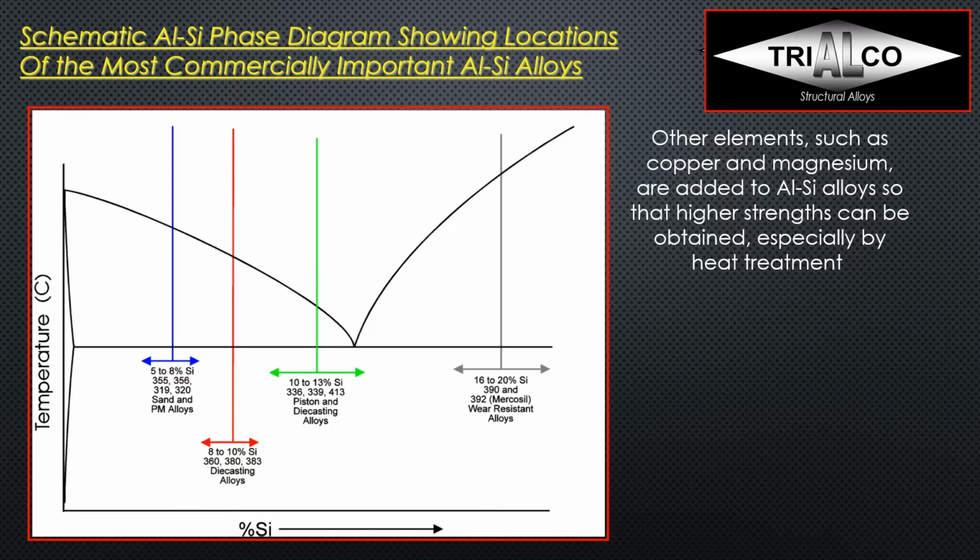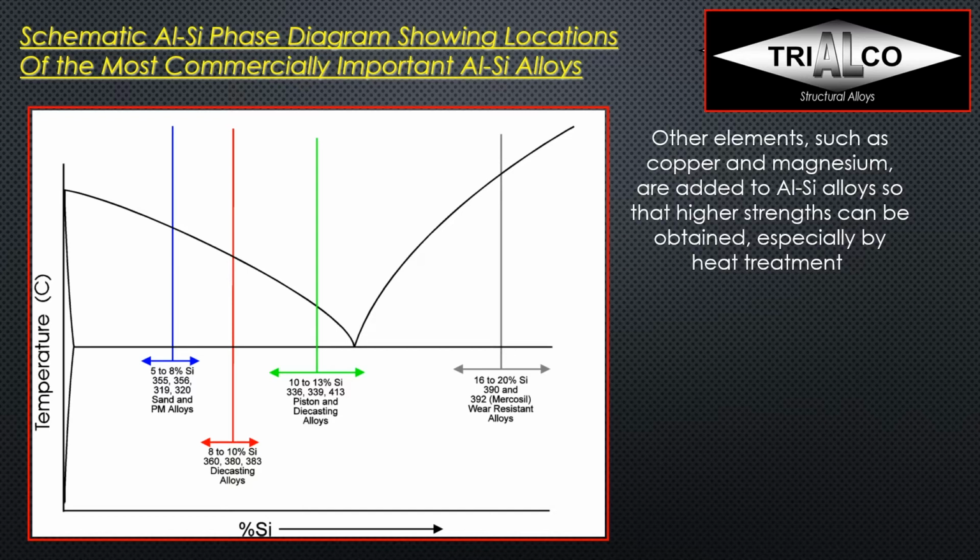And then between 10 and 13% silicon, we find the close to eutectic alloys, so that would be the 336, 339, and of course the 413, which is pretty much a eutectic alloy. So we find piston and some die casting alloys.